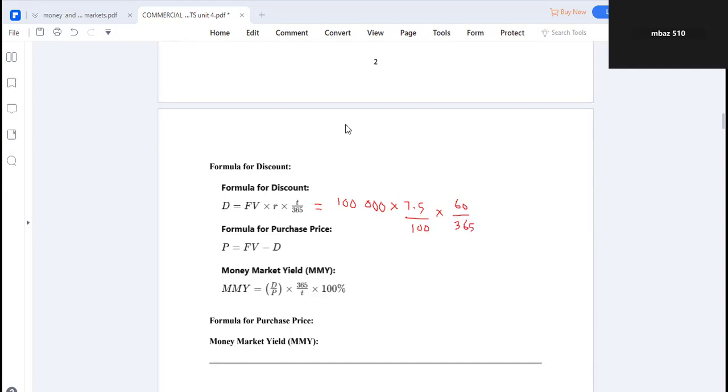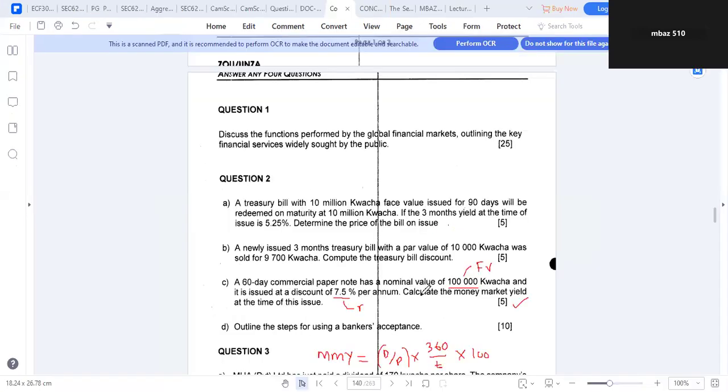Okay, are we together? So this is how we find it. The 60 is coming from the 60-day commercial paper. So when we compute, we find our D as what? 1,200. So this is where the 1,200 is coming from.